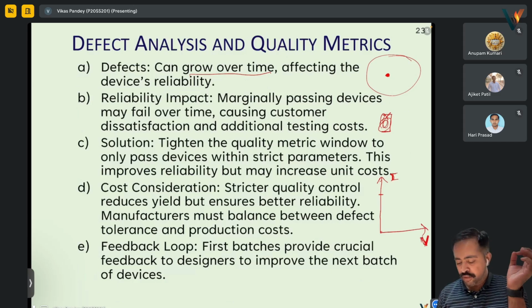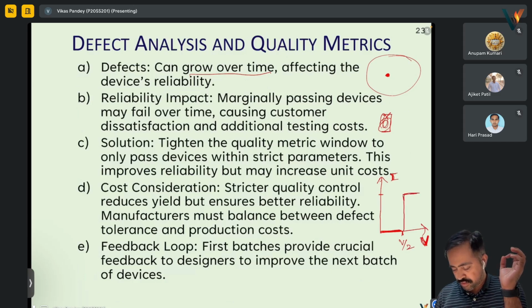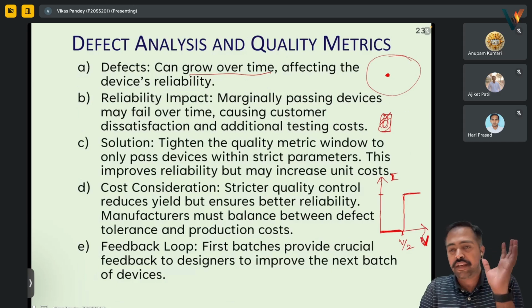Okay, so for this part, ideally, say till this voltage V by 2, it should be off, and just after V by 2, it should be on. This is what an ideal transistor characteristic should be.